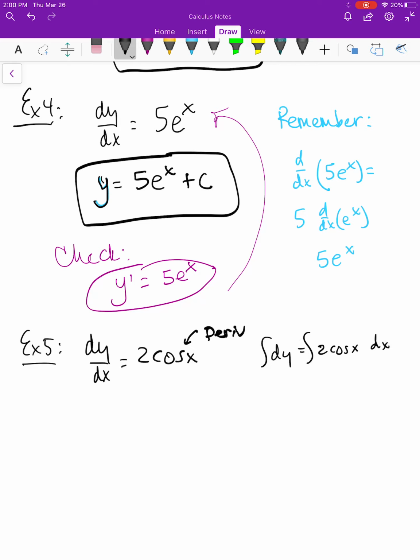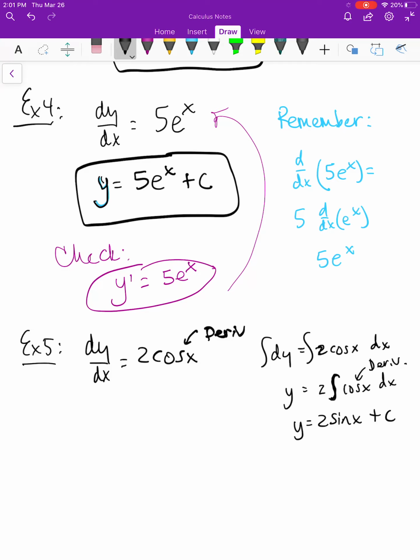And if you wanted to separate it, like we did, and integrate, you say, okay, my y is equal to, and you could bring your 2 out. If this is your derivative, what can I take the derivative of that gives me cosine? That would be sine, and then plus some constant, because there could have been a constant there.